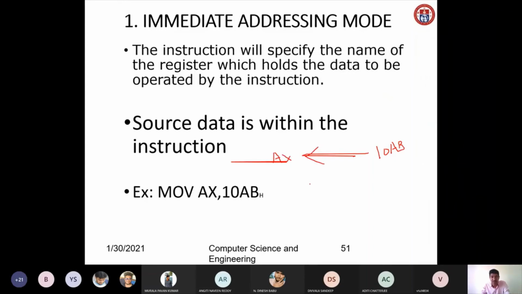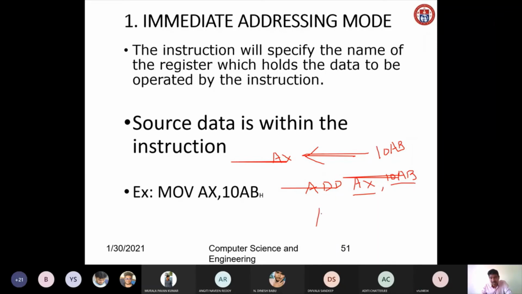Suppose I write some other instruction also. Now what I can do is ADD AX comma 10AB. What will happen here is that the content of AX will be added with 10AB, and the result will be stored in AX.